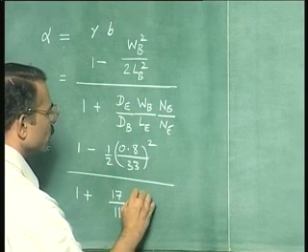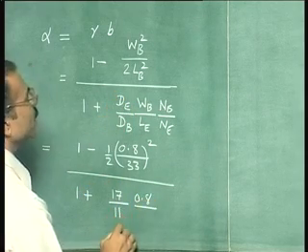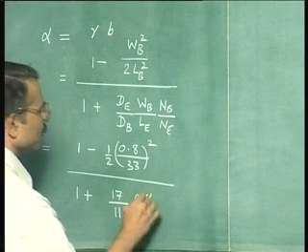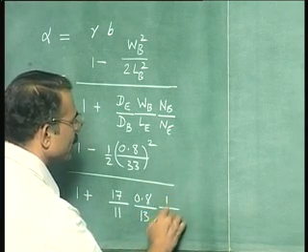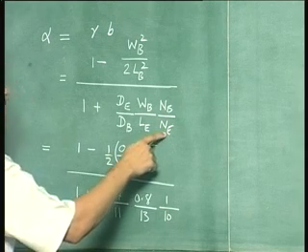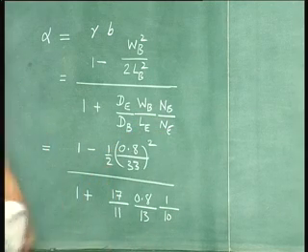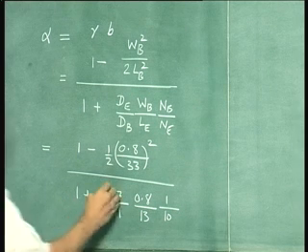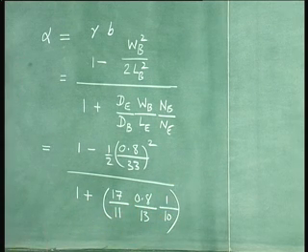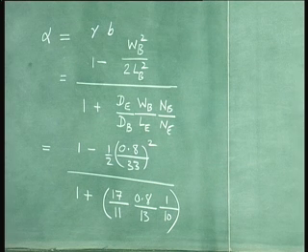WB by LE is 0.8 divided by 13, both are microns, and NB by NE is 1 by 10, because emitter doping is 10 times the base doping. Now this can be simplified.